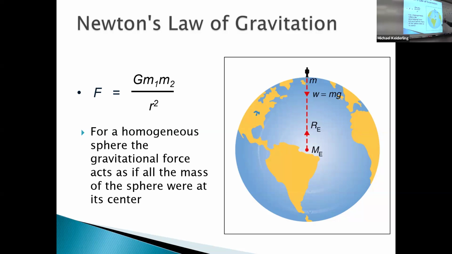You can do some math to show that that's the case. I'm not going to because it requires calculus. But it is possible to show that for a homogeneous sphere, the gravitational force will act as if all the mass of the sphere were exactly at the center.